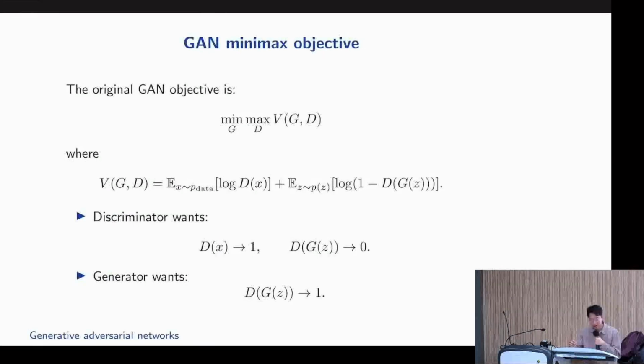So here's the minimax objective. They share the same objective, but the generator wants to minimize and the discriminator wants to maximize. The objective function looks like this. It's a function of G and D, where these are individual neural networks. When data is sampled from the real distribution, the discriminator wants to maximize this, and that makes sense, right?